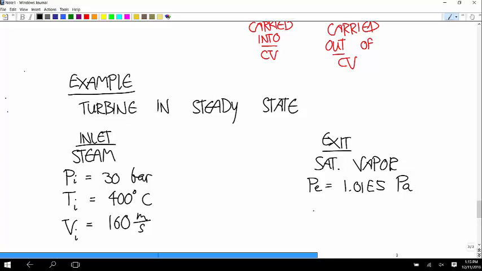A temperature T2 of 100 degrees Celsius, and a speed at the exit of 100 meters per second.